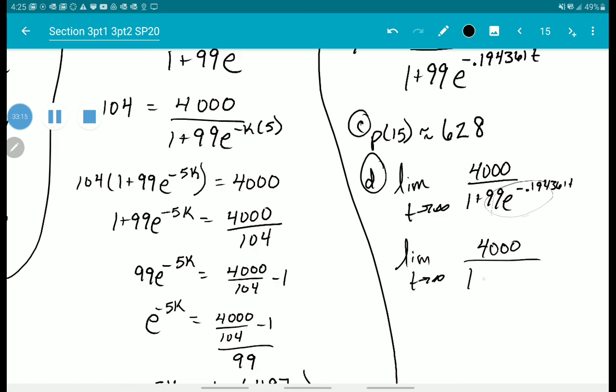I'm going to rewrite this. So that's really 99 over e to the positive 0.1943661t. So as t gets bigger and bigger, that denominator is getting bigger and bigger, which means that entire fraction is approaching 0. So this is approaching 4,000 over 1 plus 0, which is approaching 4,000, which is that carrying capacity, which is also the horizontal asymptote for that particular problem.